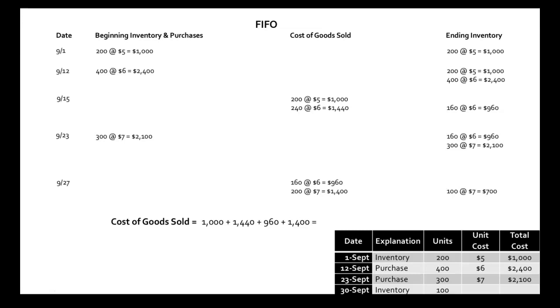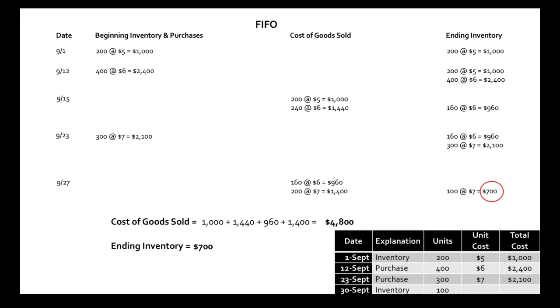The second sale, some units were $960, the rest was $1,400. We add all those up and we get $4,800 as our cost of goods sold. Ending inventory, that's just going to be $700. We just take that total amount from our ending inventory listed there.